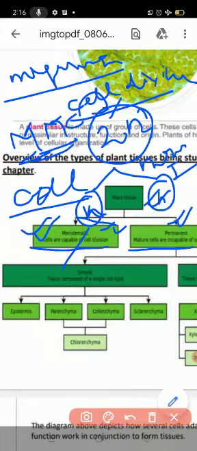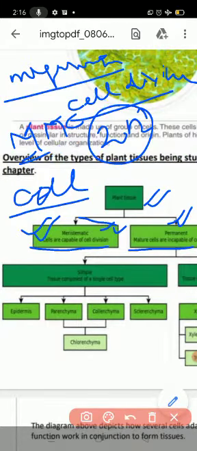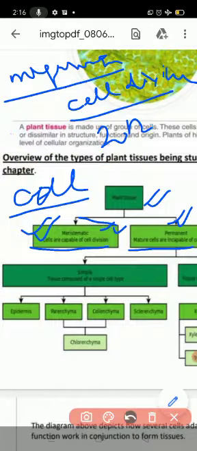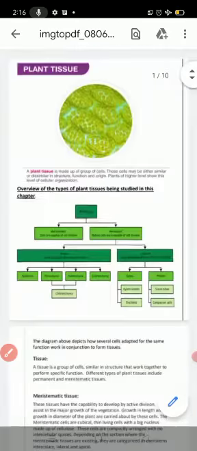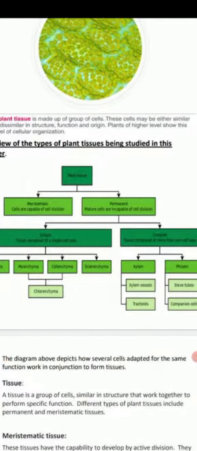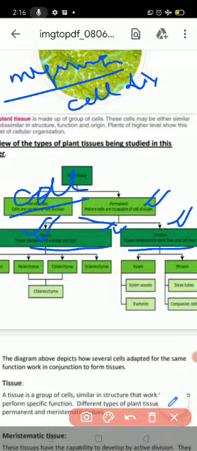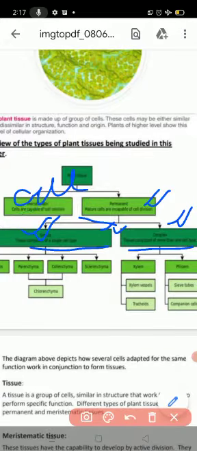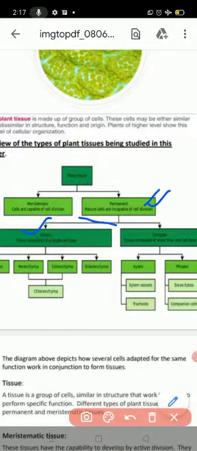It means meristematic tissue shows cell division, but permanent tissue does not show cell division because it is incapable of cell division. Here, permanent tissue is divided into two forms: simple and complex.